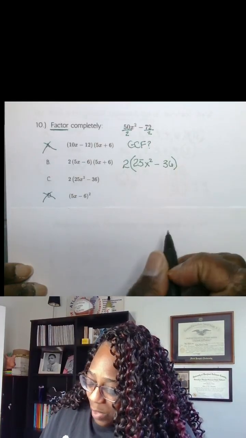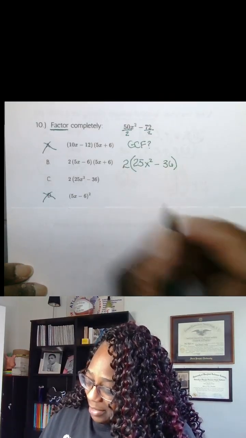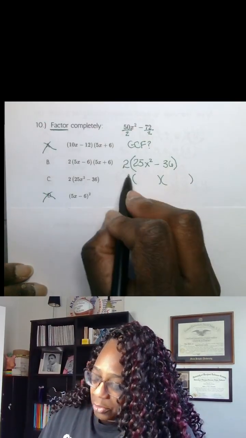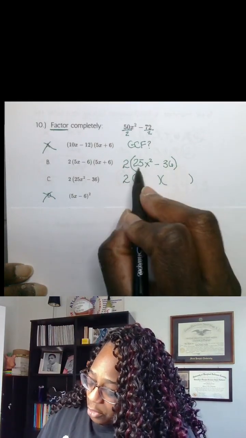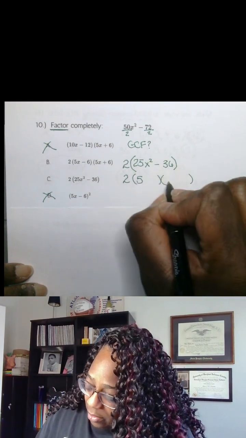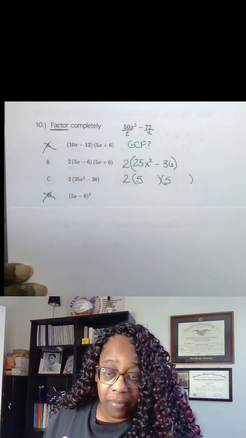So this is what's happening. Since I know that this can be broken down, let's factor it out. So I'm going to have my 2, that 2 is going to come on down. Square root of 25 gives me 5, so 5 squared, or just 5 times 5, will give me my 25.